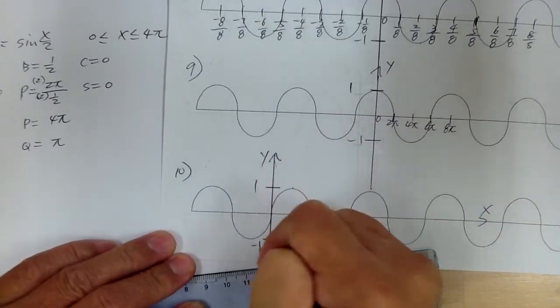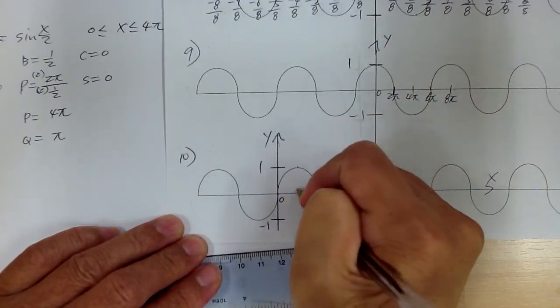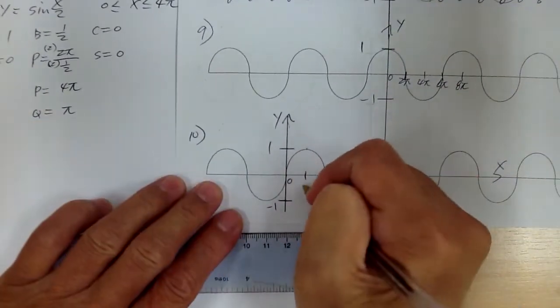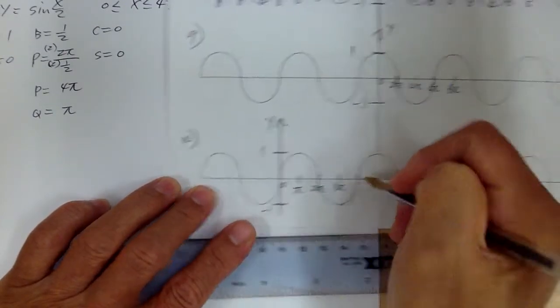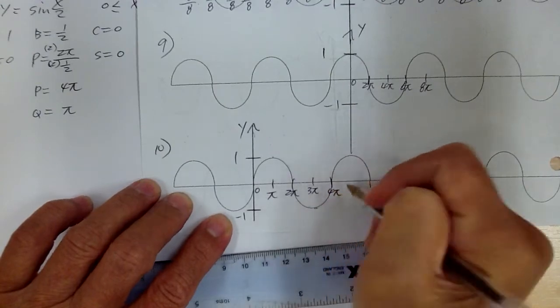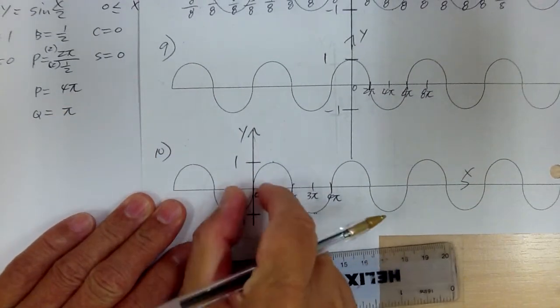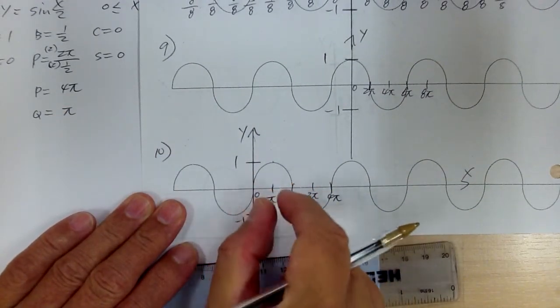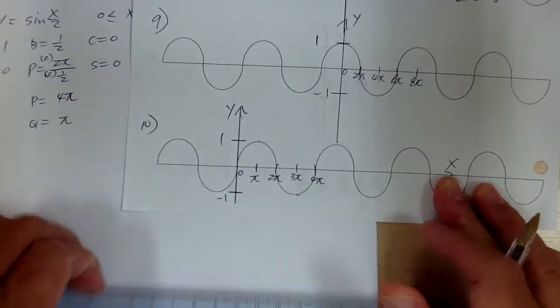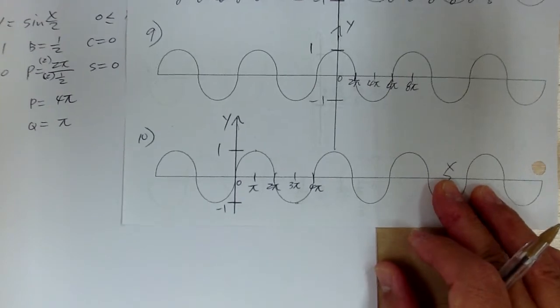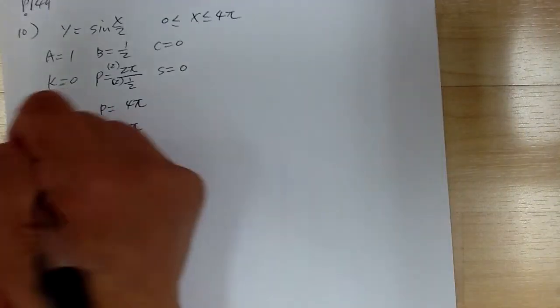And here's the -1, and here's your 0. And the quarter wave is pi, so it's pi, 2 pi, 3 pi, 4 pi. So the quarter wave is how much each division is. Every division is pi, so you go pi, 2 pi, 3 pi, 4 pi. And that's it for number 10. Okay, let's go to number 11.